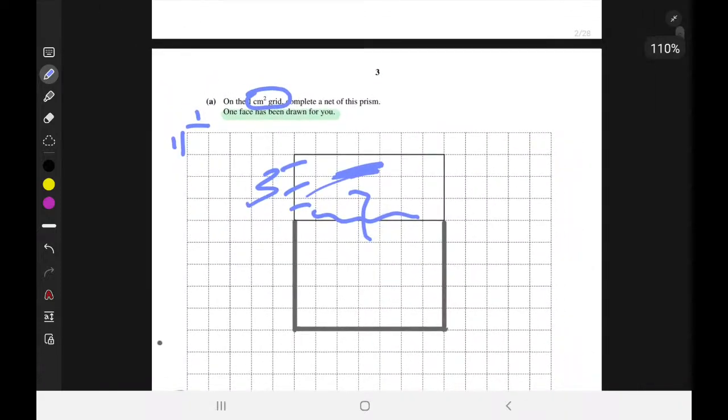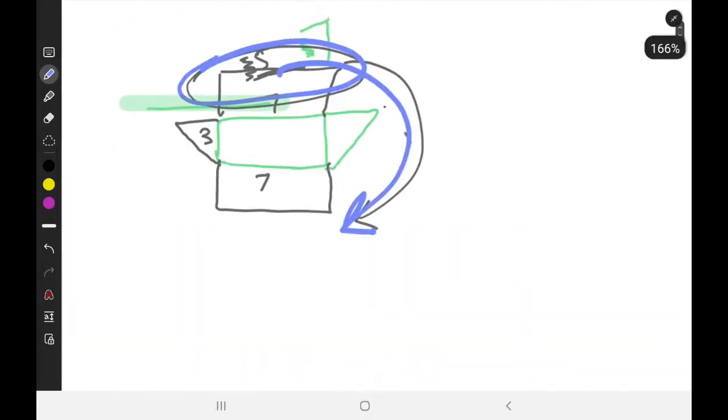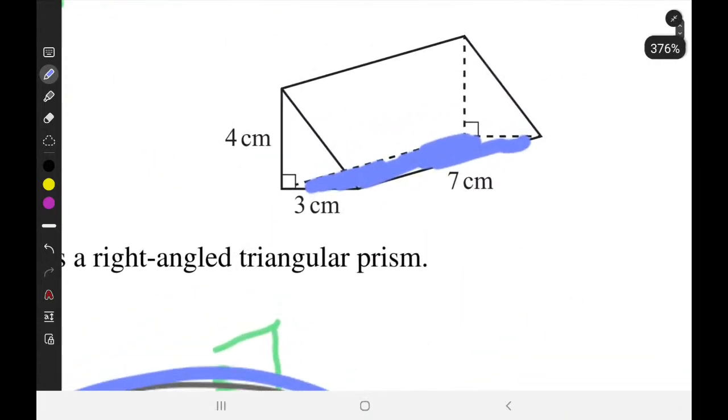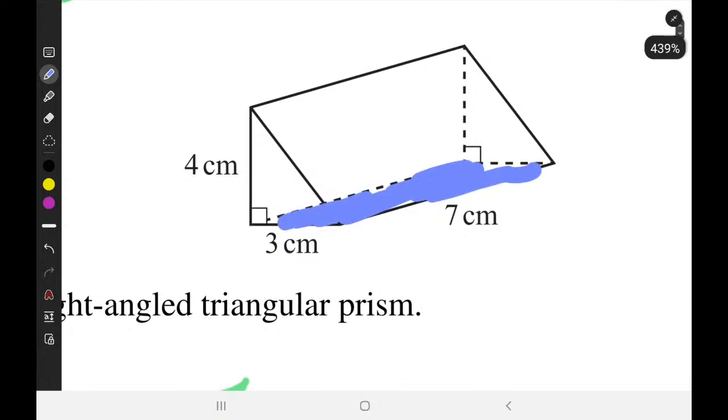Then I came back up here and applied the Pythagoras theorem, and I took out this side, which was 5.